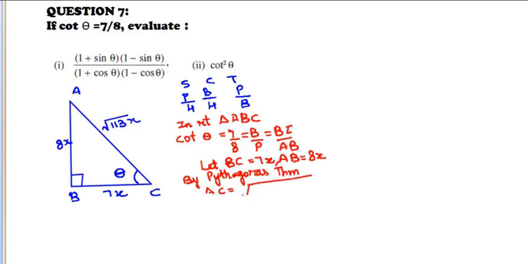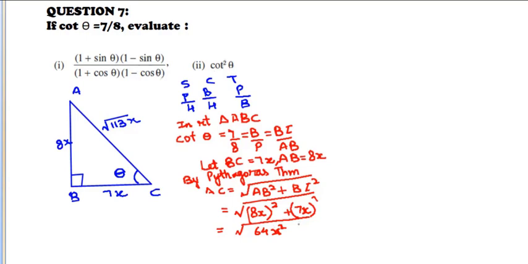Now with their help we will find out the value of AC using the Pythagoras theorem. So by using the Pythagoras theorem, AC is equal to under root AB square plus BC square, that is equal to under root (8x) whole square plus (7x) whole square, that is equal to under root 64x square plus 49x square. 64 plus 49 is equal to 113.